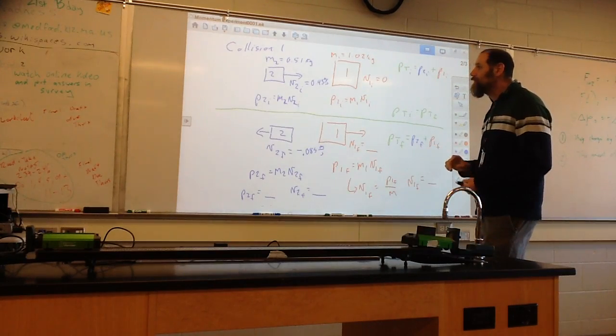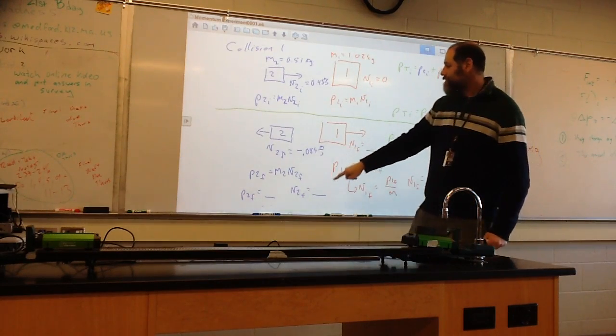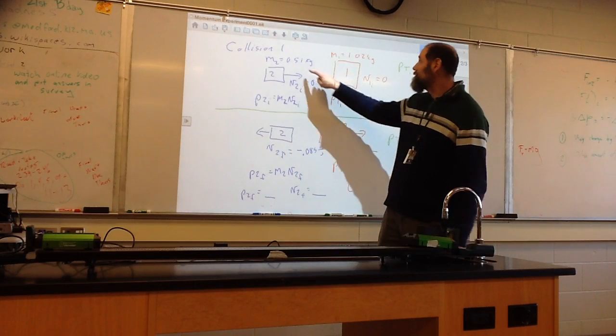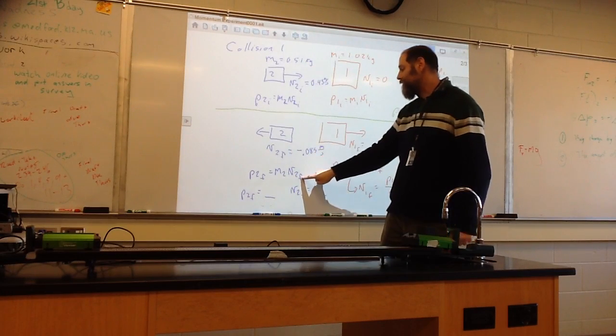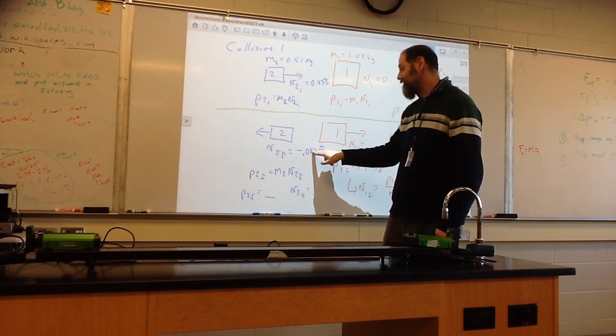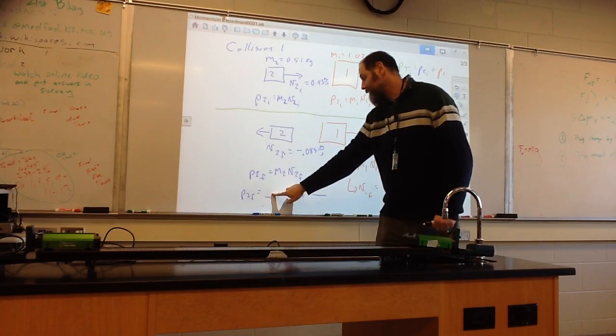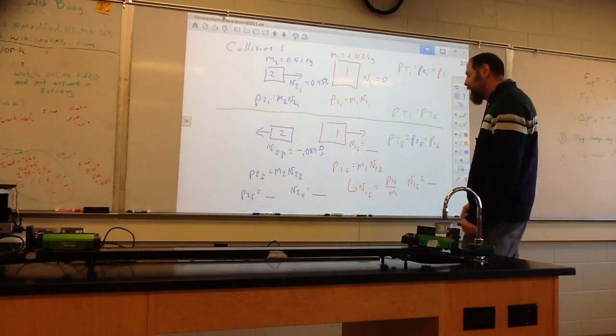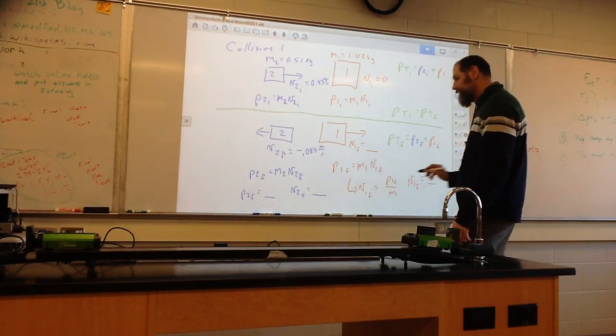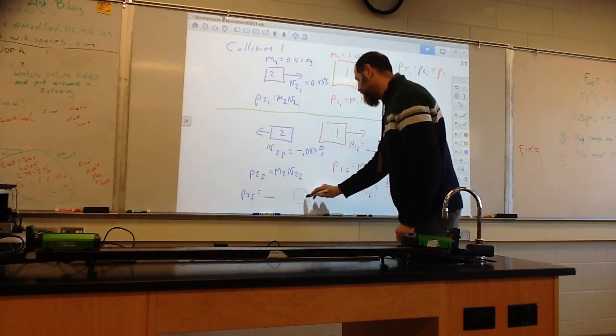Not very much. So what you're going to do, take mass 2, which hasn't changed, multiply by velocity 2, negative 0.085, to get 2's final momentum. Okay? And we don't need this piece because we wrote it up there. We don't need to rewrite it.